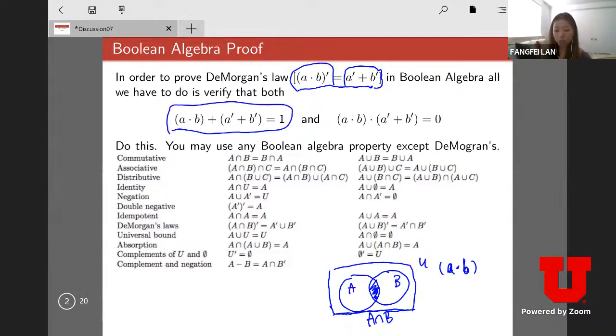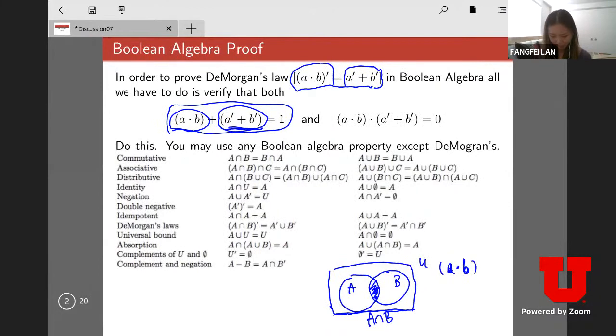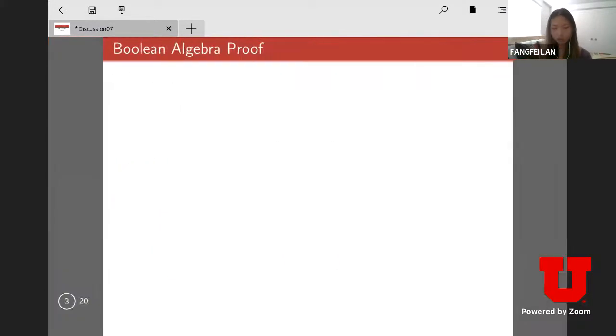We have to show that AB and the right side form a partition of the entire set. That gives us that the complement is the same as this. You can draw a Venn diagram and figure it out. It shouldn't be too hard if you just draw a few circles. But let's do the proof.